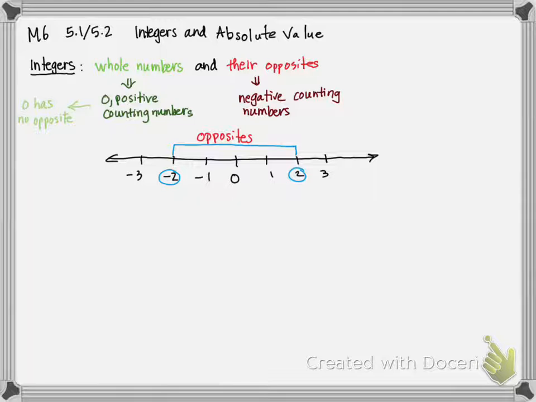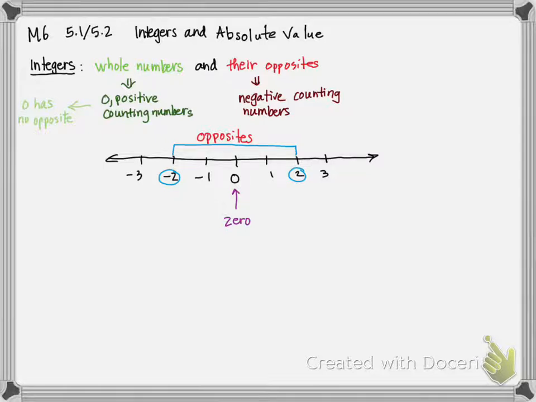One's positive and one's negative. So the number has to be the same, but the signs are going to be different. Now, you should recognize this guy in the middle. He's called 0. And 0 separates the positives from the negatives.